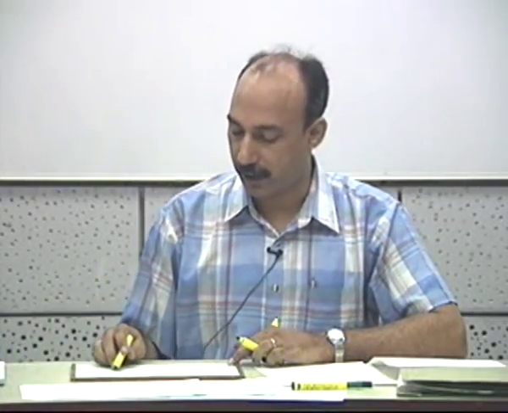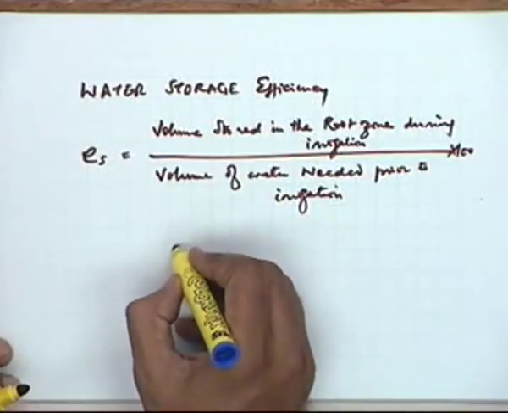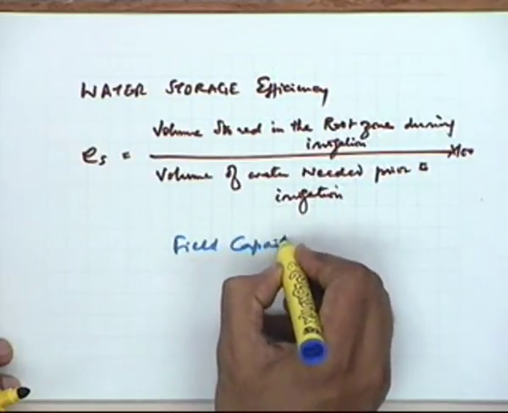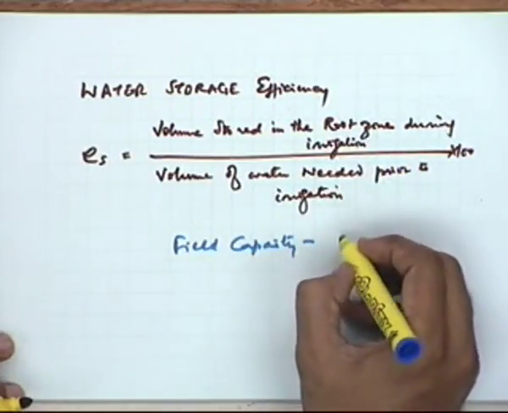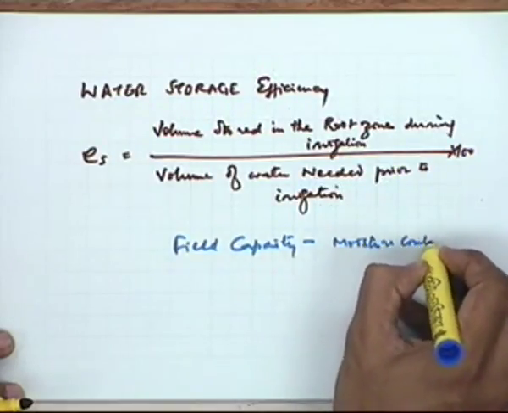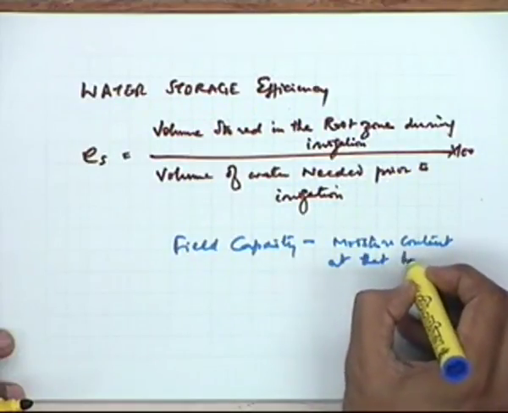The volume of water needed prior to irrigation, how will you find that out? It will basically be the field capacity minus the moisture content at that time.